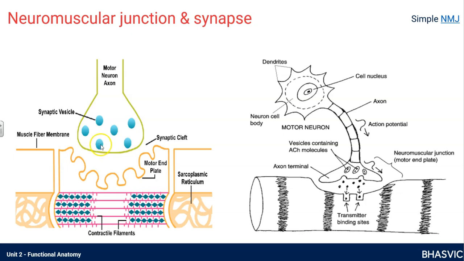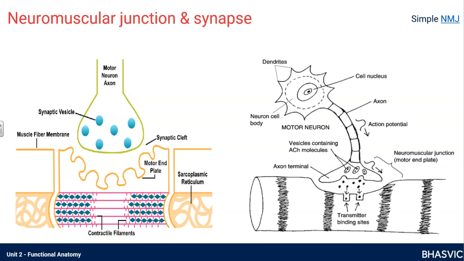So again, the vesicles will move towards the presynaptic membrane, release the ACH. The ACH goes across the synapse into the receptor sites here. And if enough ACH accumulates in these receptor sites, then the action potential will spread down these T tubules and make this muscle fibre contract.